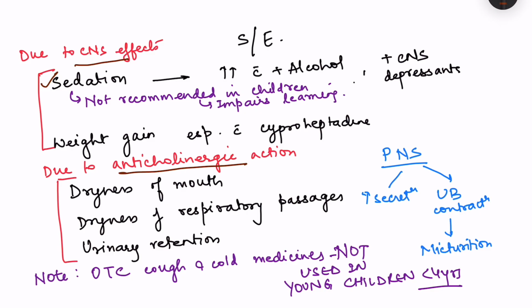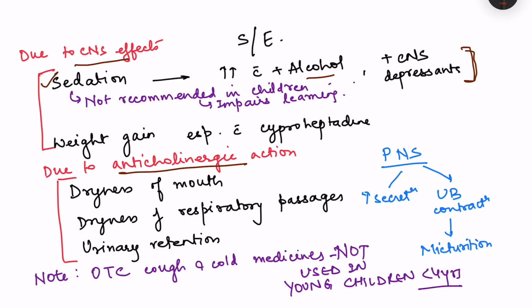Okay, and this sedative effect interacts with alcohol. So this sedation effect will increase if the person takes alcohol, and also with the use of other CNS depressants. In fact, because of the sedation effect, first generation antihistaminics are not recommended in children since it impairs learning.